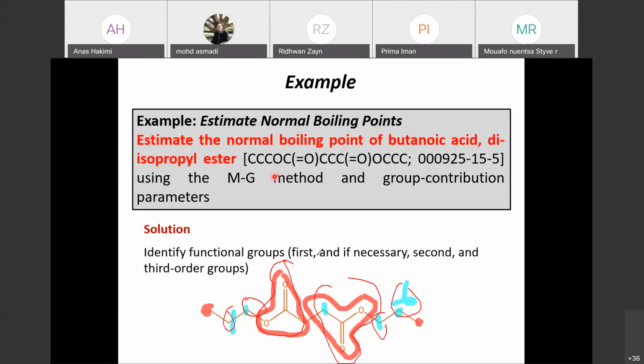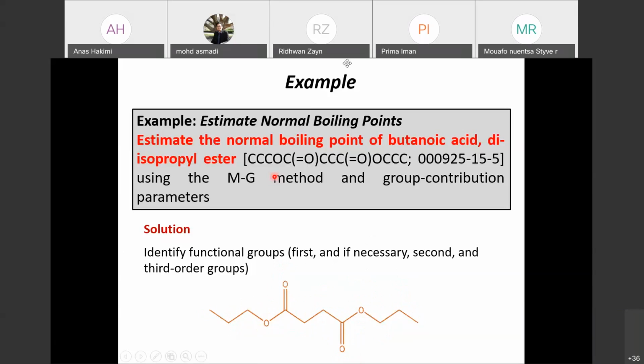And then maybe we have a second order group. Is it possible? I think second order OO, or OOC, is possible.